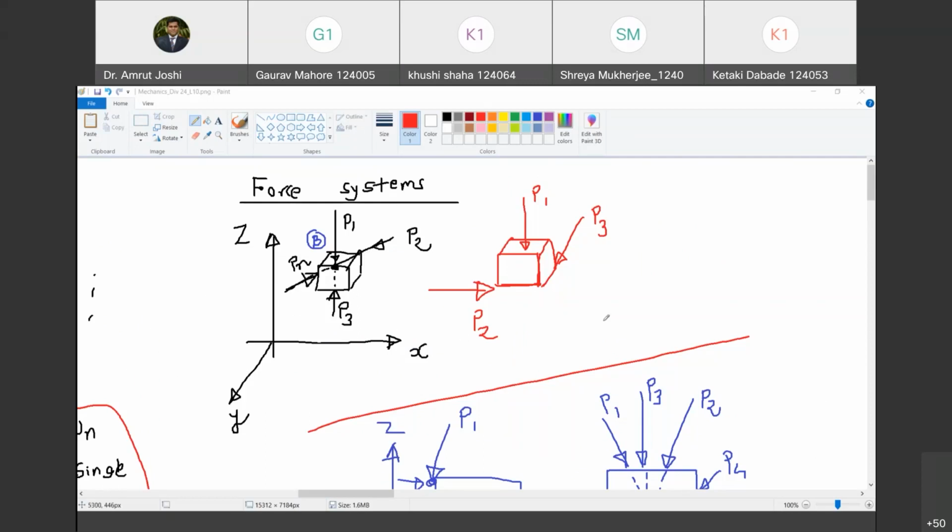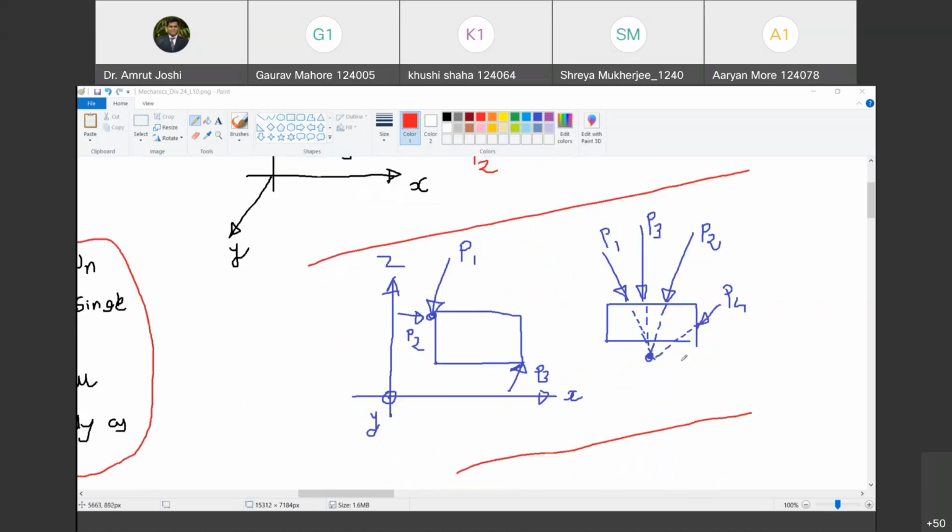Yes, sir. So what is the difference between these two systems and these two force systems? What do you feel? Yes, Aryan, go ahead.